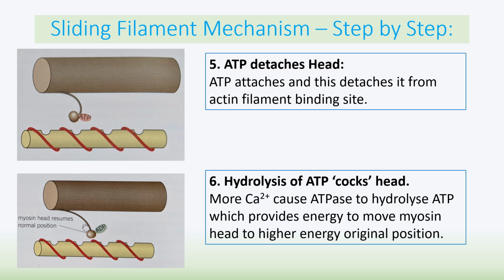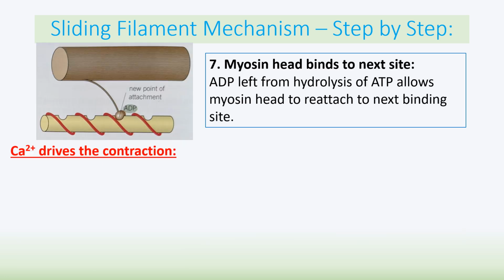And here, if there are more calcium ions, this will cause the ATP to be hydrolyzed, and that will allow the head to move to this higher energy position. The ATP has gone through hydrolysis, which has produced an ADP molecule and released phosphate. The ADP then does the same as it did before.